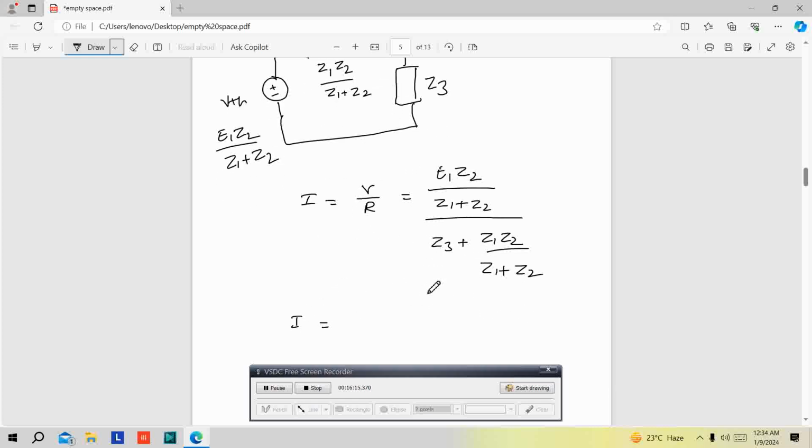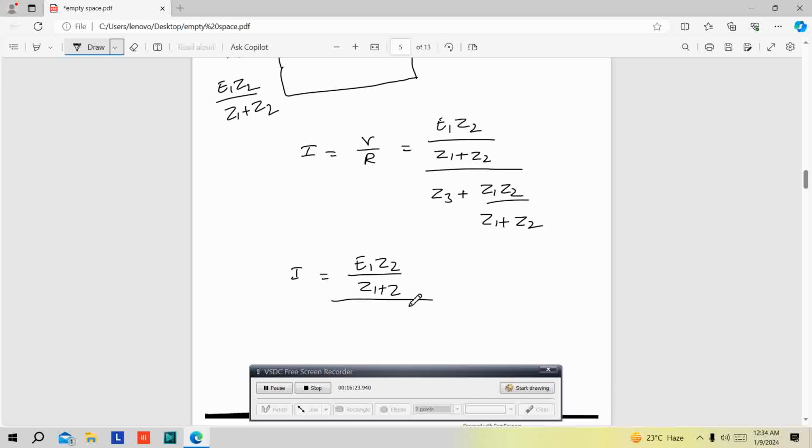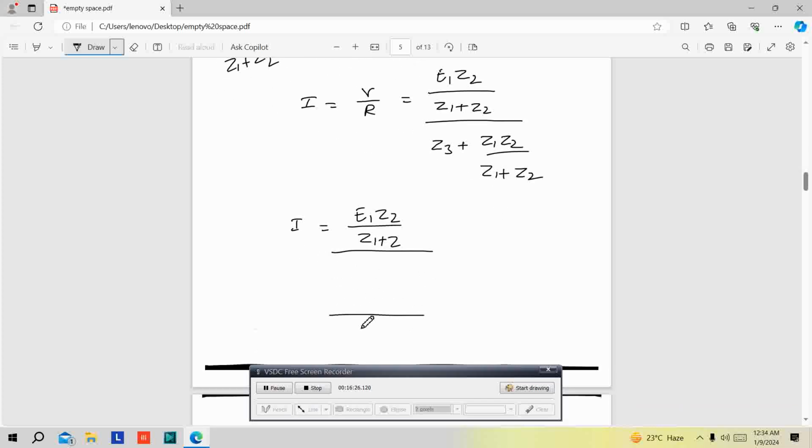We get E1 into Z2 divided by Z1 plus Z2, divided by, taking the LCM, Z1 plus Z2, multiplied by this, so Z1 Z3 plus Z2 Z3 plus Z1 Z2.